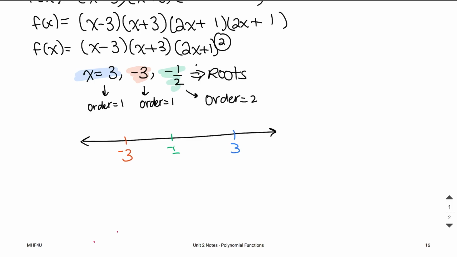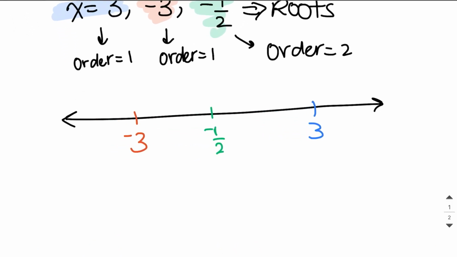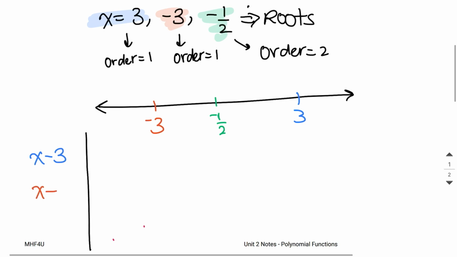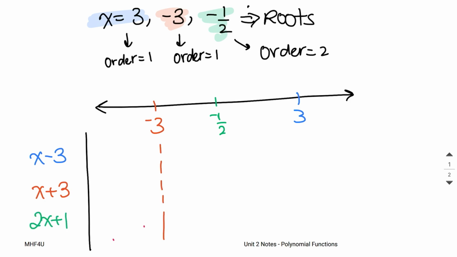I'm going to go through this next piece pretty quickly because we've already discussed this and practiced it. So our first factor is x minus 3. Our next factor is x plus 3. And then the last factor that we're looking at is 2x plus 1. I'm just going to mark down where all the critical values are.